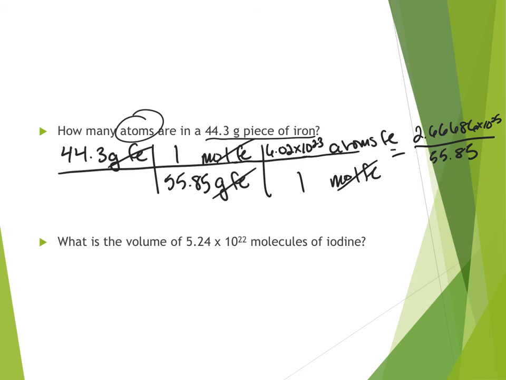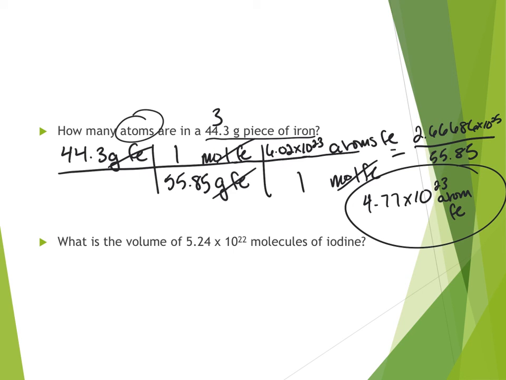You should get about 4.77 times 10 to the 23rd atoms of iron. This was 3 sig figs, so I took my answer to 3 sig figs. Let me just double check. Yeah, close enough.